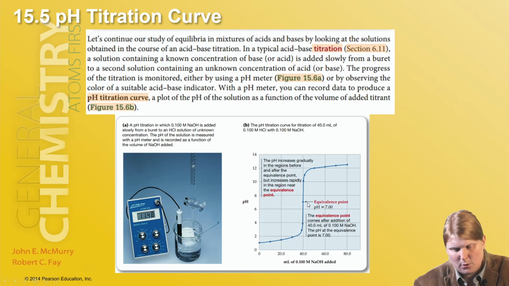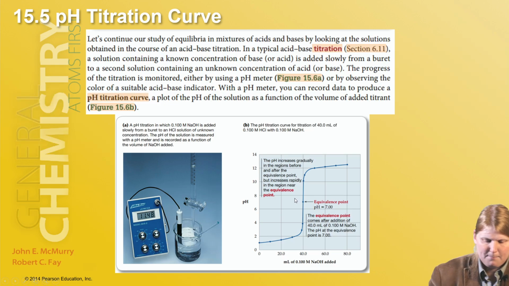Otherwise the equivalence point is shifted, and if it was a weak acid, it would be a higher pH, it would be basic. And if it was a weak base with a strong acid, then the position would be somewhat acidic. Keeping all those things in mind, this is a curve that would help us figure this out.